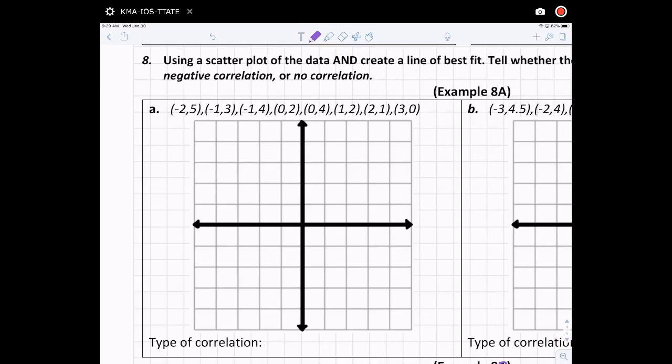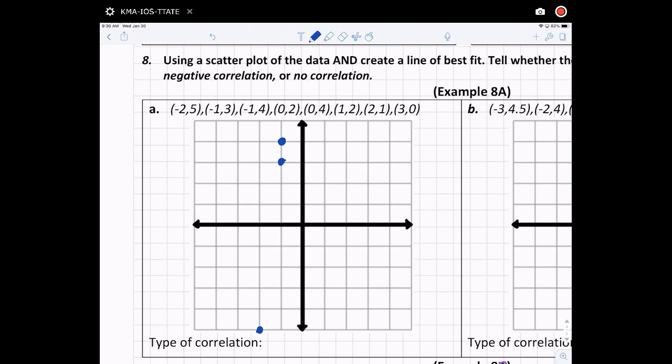I just want to start out by plotting the points. Okay, so let's plot this in this darker blue. -2, 5. Okay, we need some review on plotting ordered pairs. You guys need to come in and get that as soon as possible.